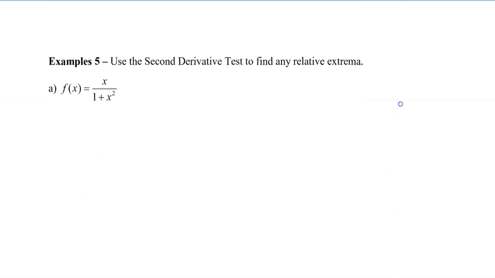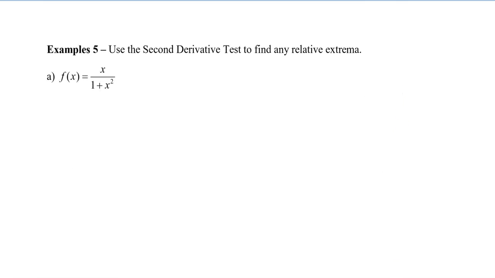So in this first one here, we have f of x equal to x divided by 1 plus x squared. So we need to find our first derivative, and we need to use the quotient rule since we have a division here. So the derivative of x is 1 times 1 plus x squared minus our numerator times the derivative of our denominator, which is 2x.